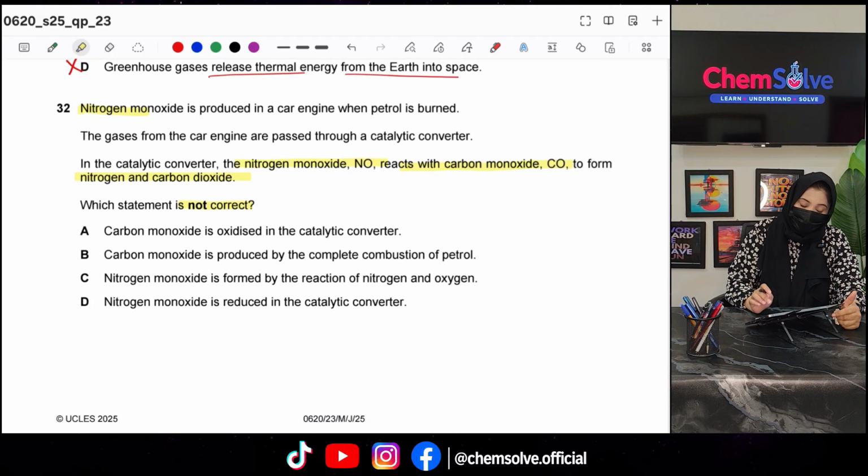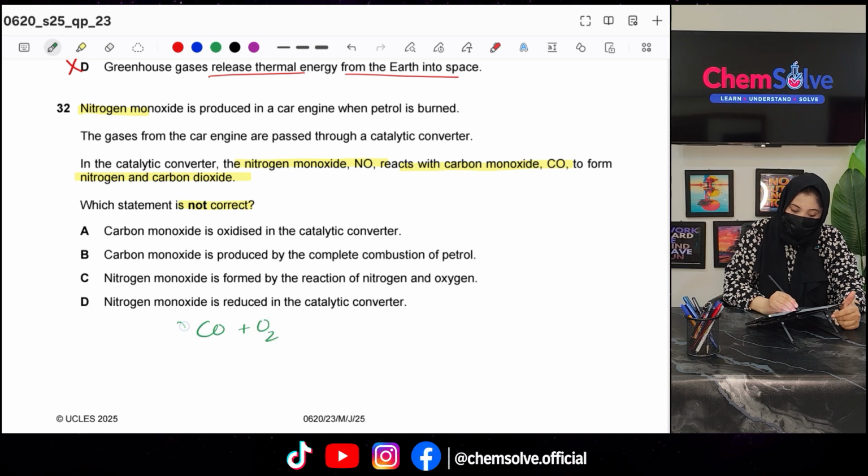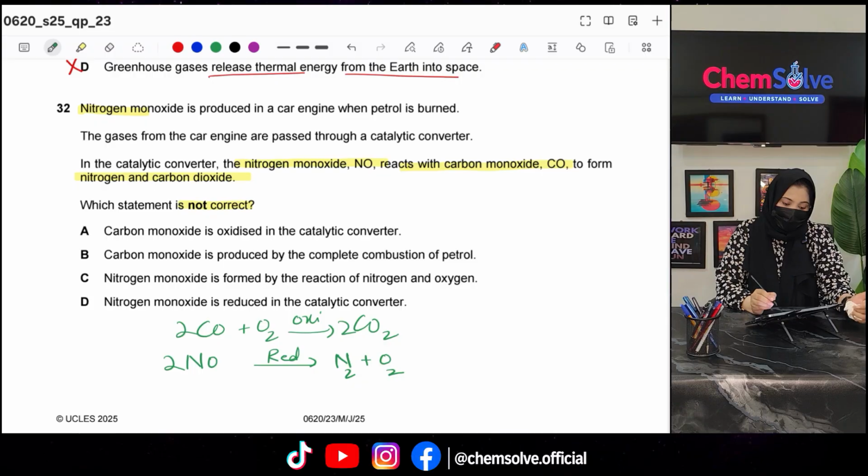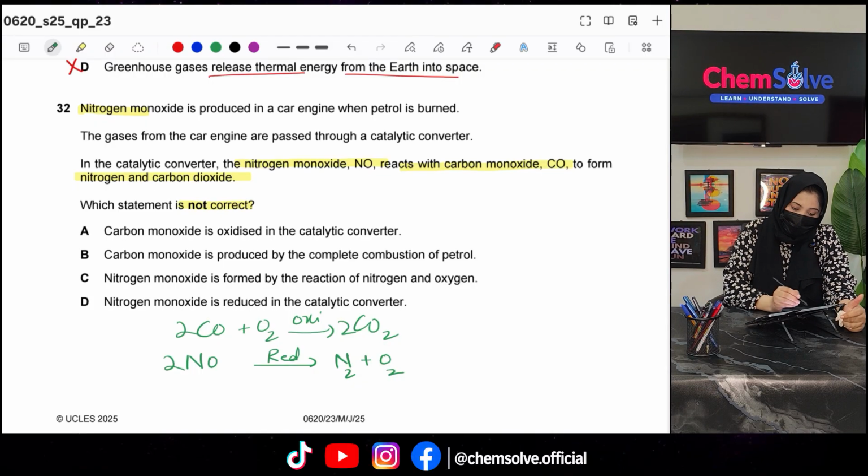So what happens actually? Carbon monoxide is oxidized to carbon dioxide, while nitrogen monoxide is reduced to nitrogen. So he's saying carbon monoxide is oxidized in the catalytic converter. Yes, it is oxidized, as we just wrote, so this is correct.